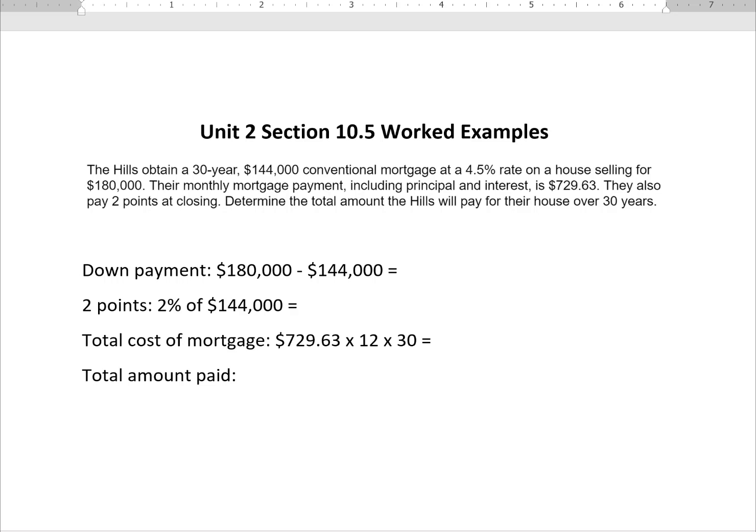The total cost is going to be the down payment plus the points plus the total cost of the mortgage. To determine the down payment, we're going to take the purchase price of $180,000 and subtract the mortgage amount, and the difference is going to give us the down payment.